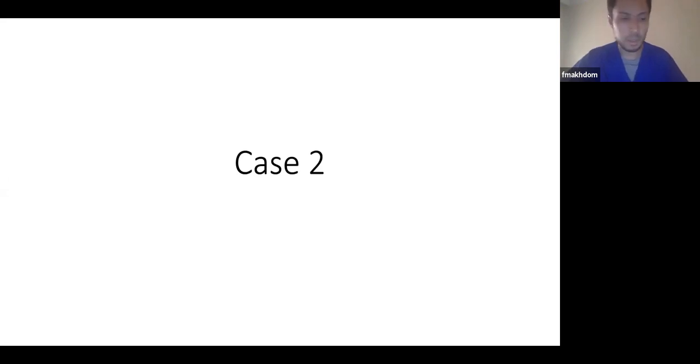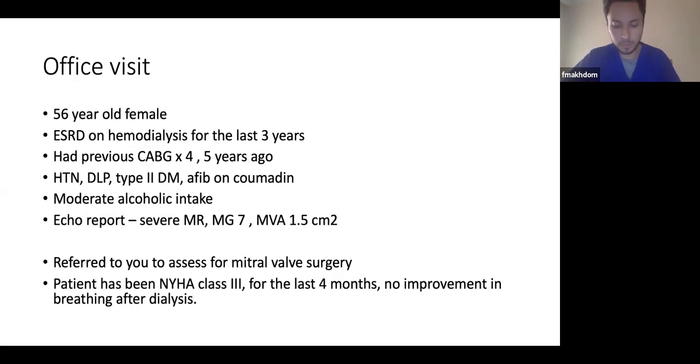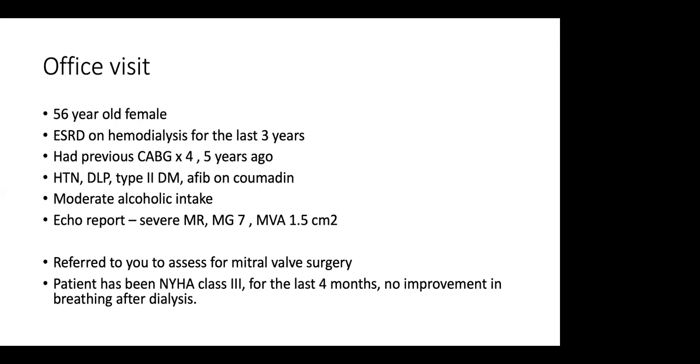Hussein, maybe you can take this case. Okay. So 56 years old female with end-stage renal disease and hemodialysis for the last 3 years. Had previous CABG 4-5 years ago. Hypertensive, dyslipidemic, type 2 diabetes, AFib and comorbidities, moderate alcoholic intake.